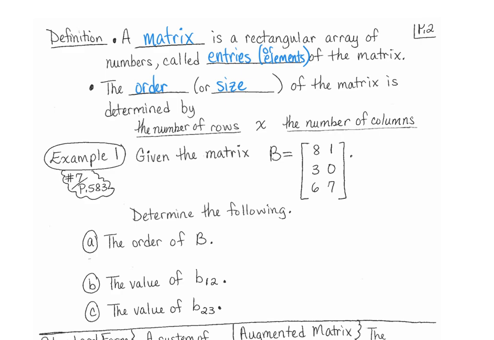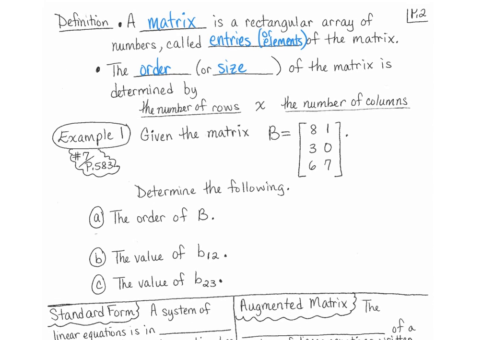All right. So, example 1. We normally reserve capital letters to name matrices. So you'll often see it called capital A, B, but we reserve capital letters to name the matrices.